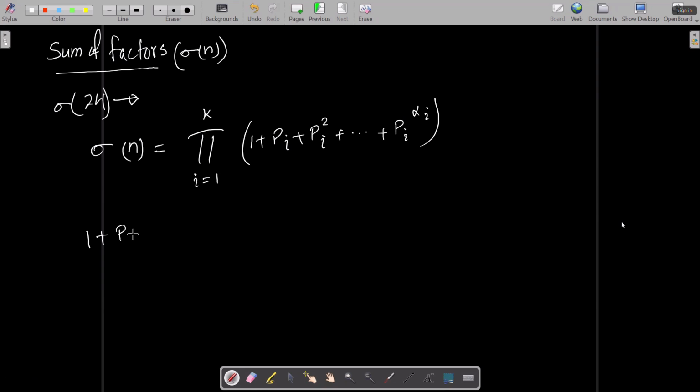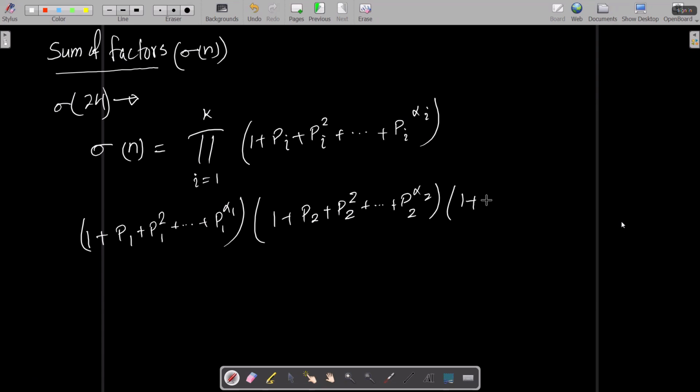Let's say 1 plus p1 plus p1 squared all the way up to the number of occurrences of p1, let's say alpha 1. And we have 1 plus p2 plus p2 squared and all the way up to p2 alpha 2.